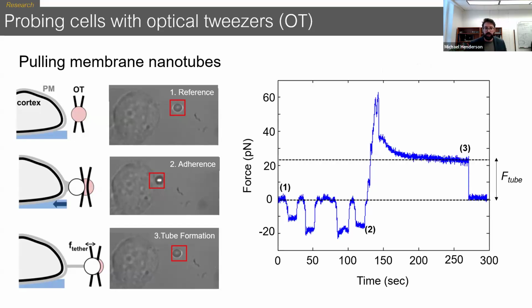For example, we often generate force trajectory plots where we look at the force on the bead from its equilibrium position, not in contact with any membrane surface, to being pushed into the cell plasma membrane, and then pulling a membrane tether. It takes a little bit of energy to pull that membrane off the actin cytoskeleton, and then it eventually relaxes down to a static force that is necessary just to hold that tube between the bead and the cell.